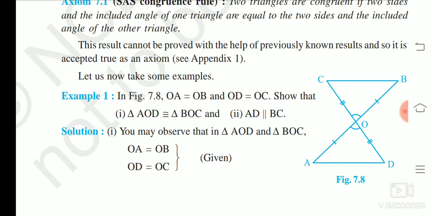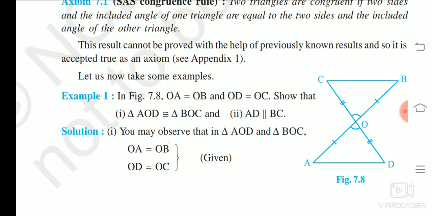So OA, OB given, no? So that's why O okay, but A is already compared with B, so that's why A starting letter, here starting B, next O, here also O, next finishing here C, here also finishing D, that's why AOD BOC. So we need to write like that.